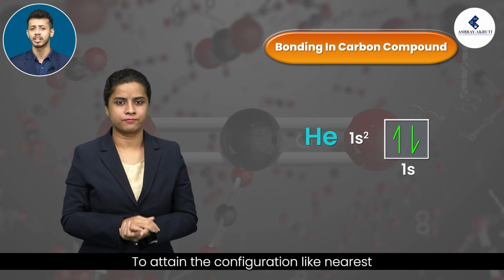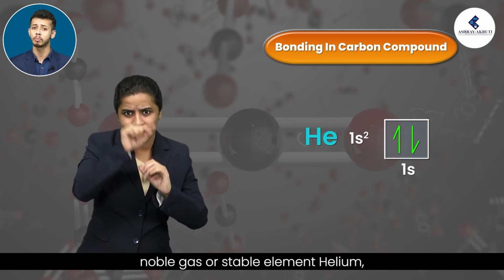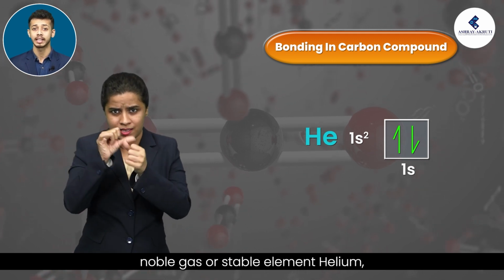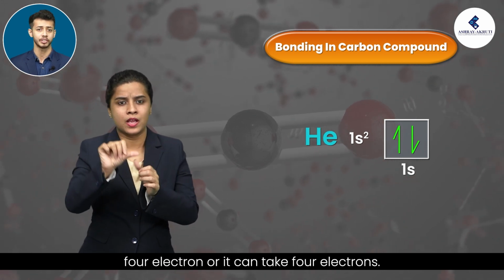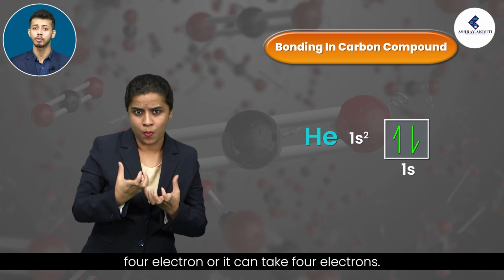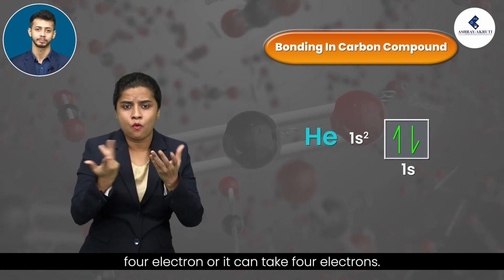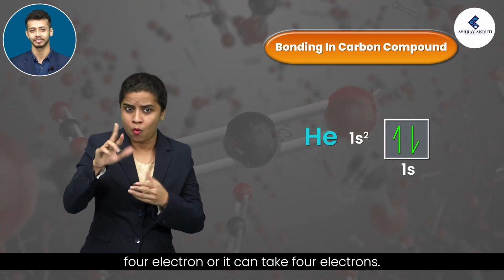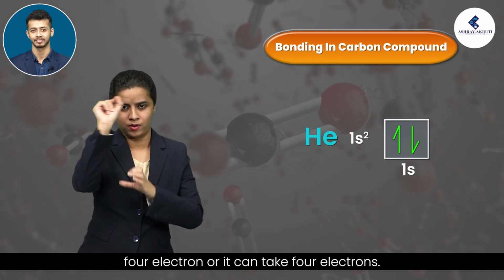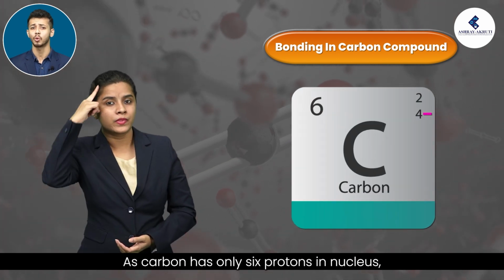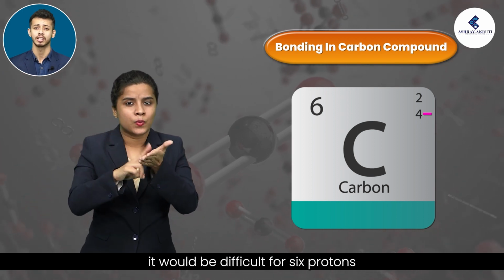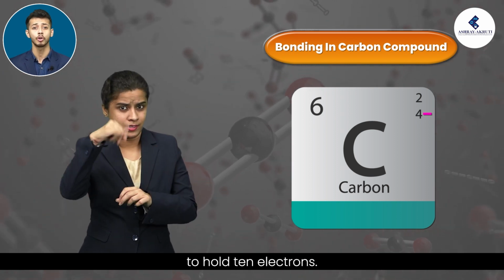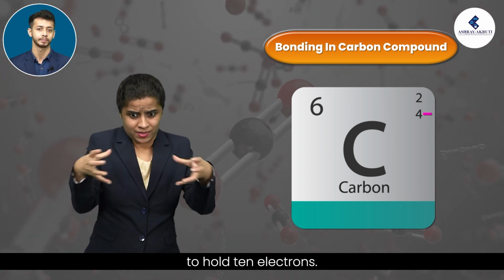To attain the configuration like the nearest noble gas or stable element, helium, carbon needs to either leave 4 electrons or take 4 electrons. As carbon has only 6 protons in nucleus, it would be difficult for 6 protons to hold 10 electrons.